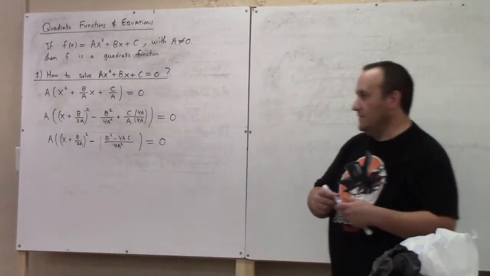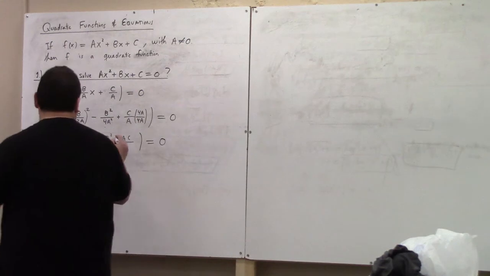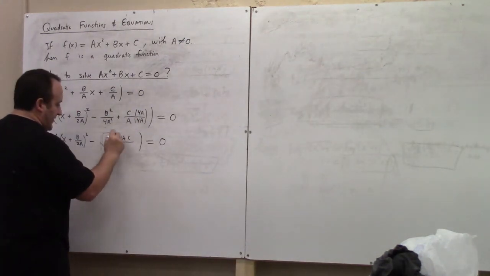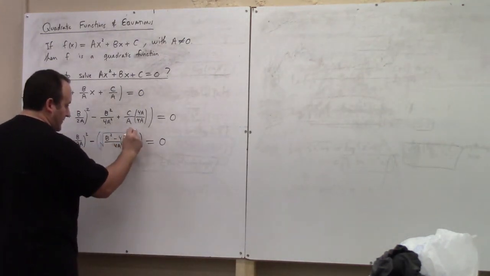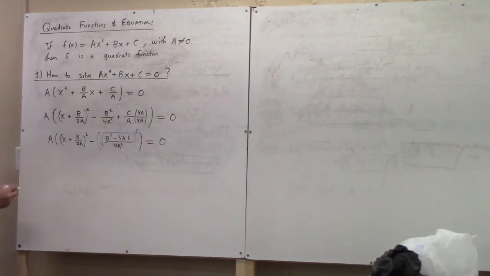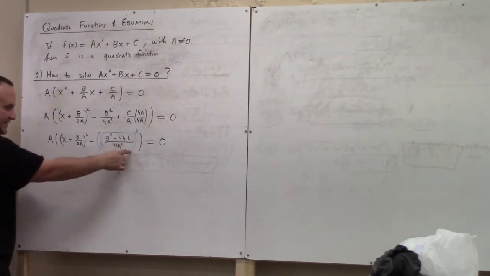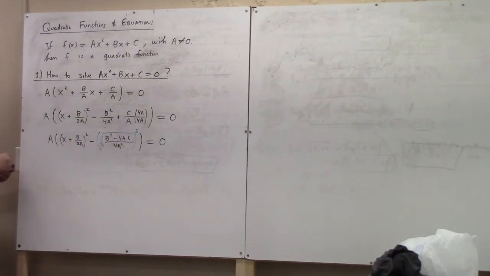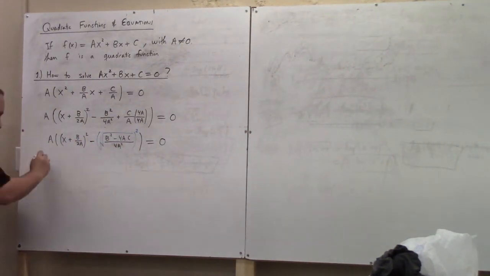You can rewrite this as the square root of that quantity squared. If I do that, then I have a difference of squares, right? I've got this squared minus that squared, which means I can factor. And what do I get?